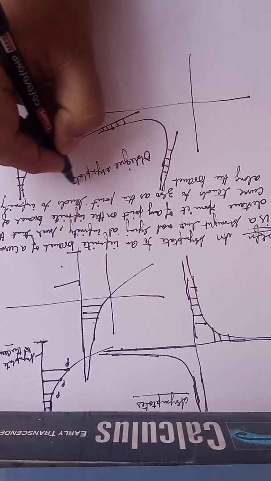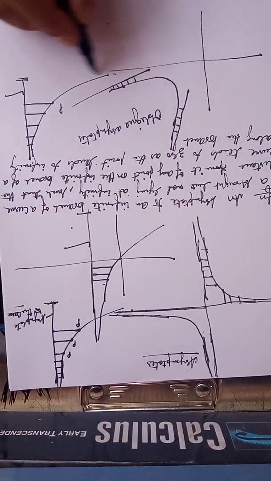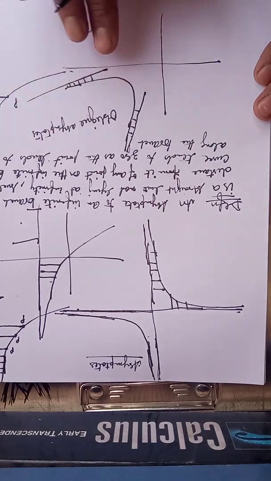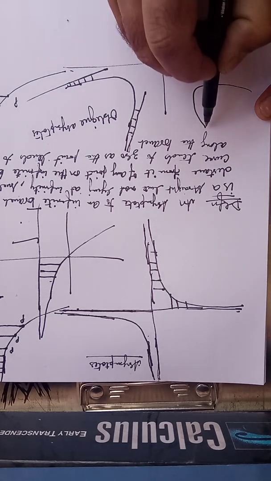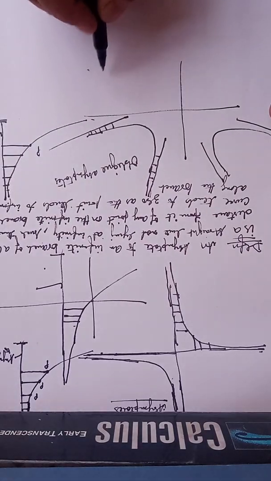So there are two types of asymptotes: parallel asymptotes, parallel to the x-axis or parallel to the y-axis, and there are also oblique asymptotes, neither parallel to the x-axis nor parallel to the y-axis. This will have two asymptotes, neither parallel to the x-axis nor the y-axis.